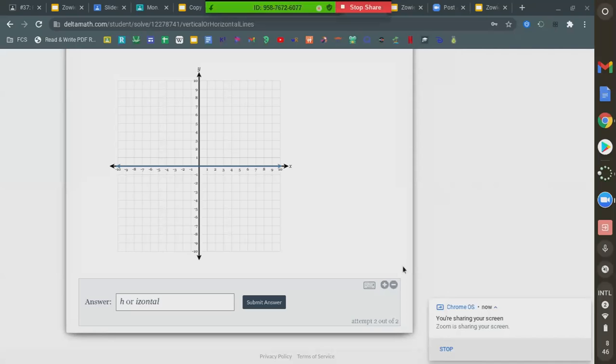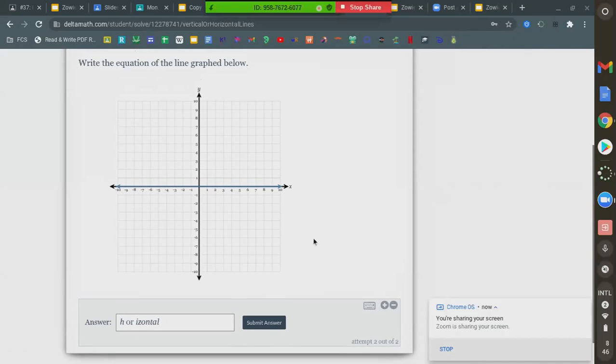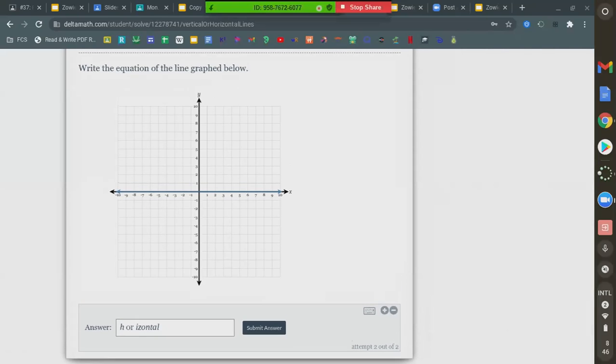Okay, so you're right, it is a horizontal line. So that's gonna mean it's a y equals. So yeah, erase what you have there and write y equals. And where is it passing through on the y-axis? All of them. Wait, no, 0.